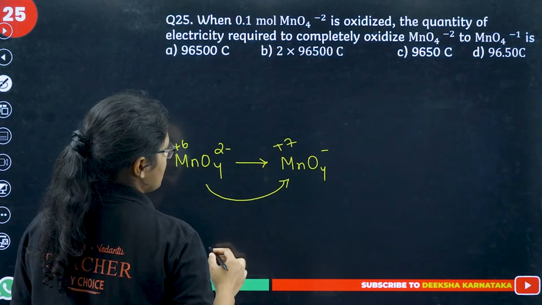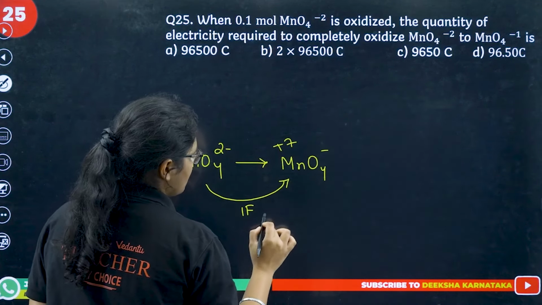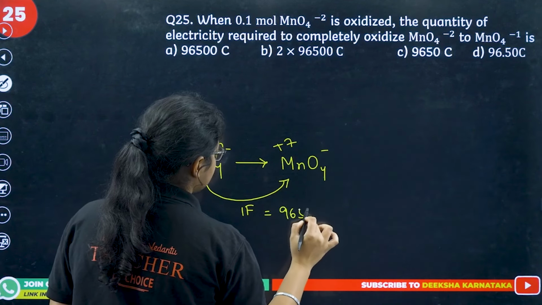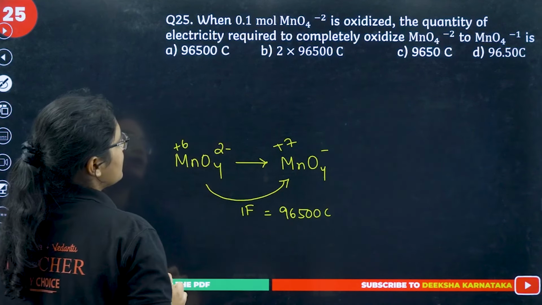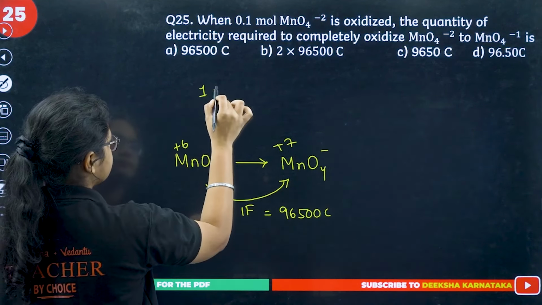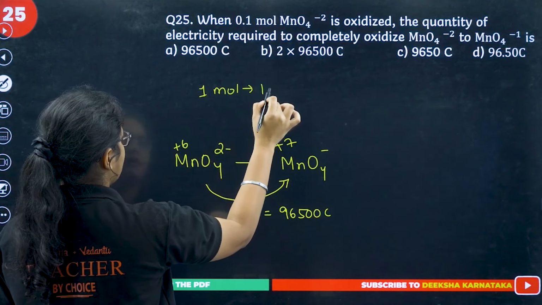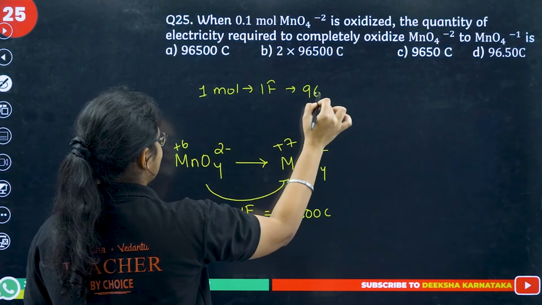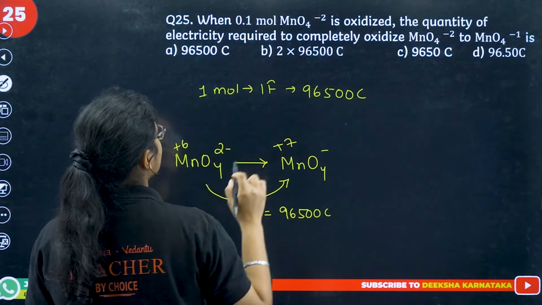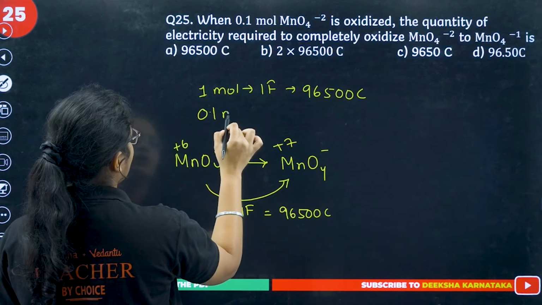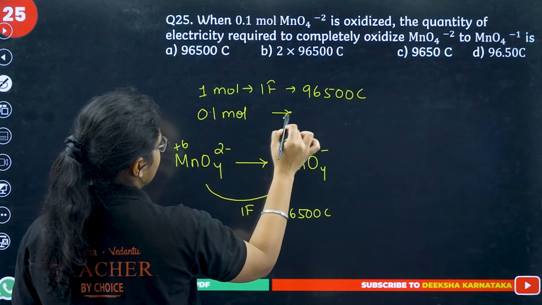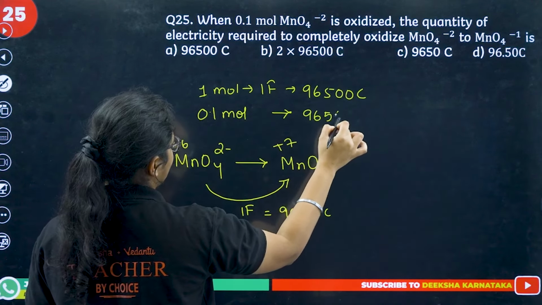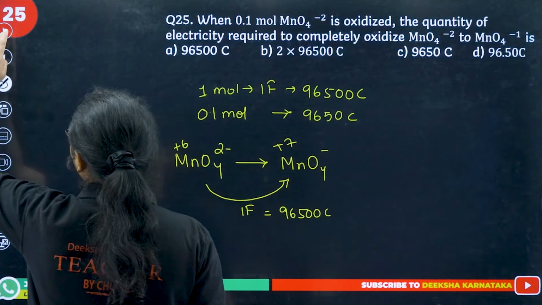That is 1 Faraday. 1 Faraday is equal to 96500 coulomb. For 1 mole you need 1 Faraday or 96500 coulomb. Now for 0.1 mole, how much will be required? 0.1 Faraday or 9650 coulomb will be required.